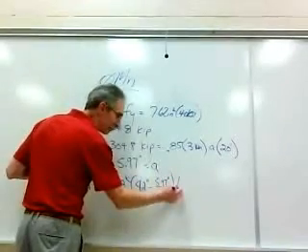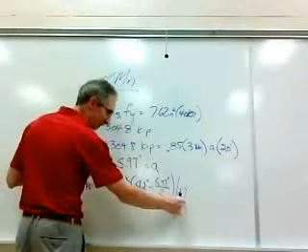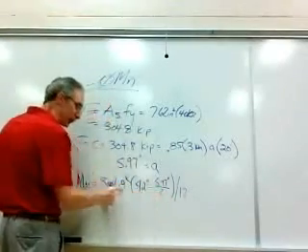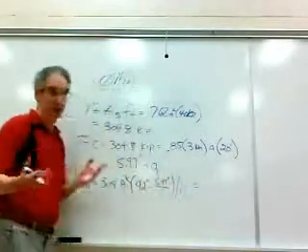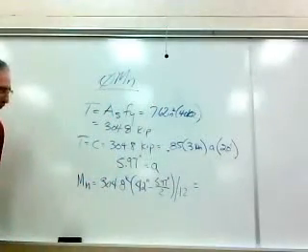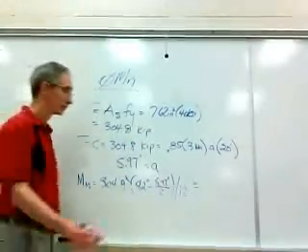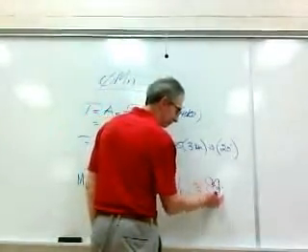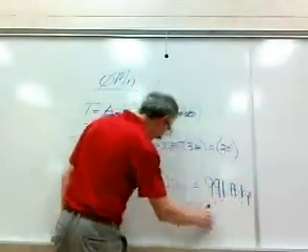And I'm going to divide that by 12 just because this is inch kips. If I divide it by 12, this becomes foot kips. You do it either way. I just like working in foot kips myself. Now again, that's Mn.